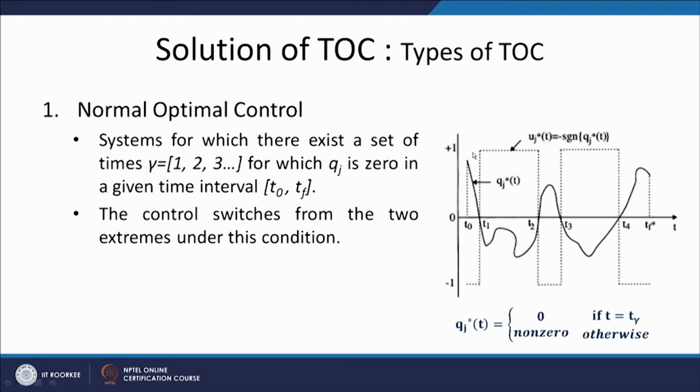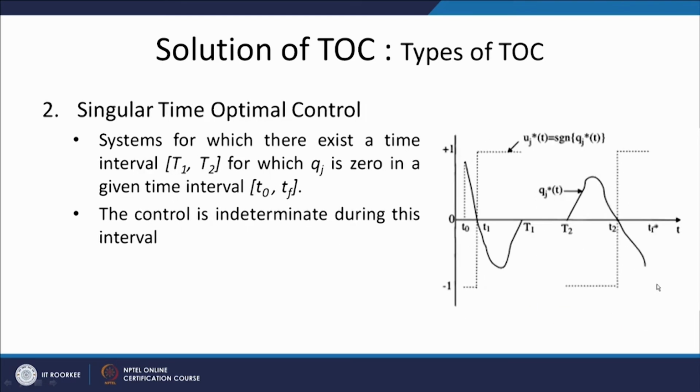So, this is the normal time optimal control system, but if at any time my qt is going to be 0, let us consider the another case. We will have this curve as a qt which is 0 between the time period t1 and t2. So, between t1 and t2 this is 0, and further this is again changing.